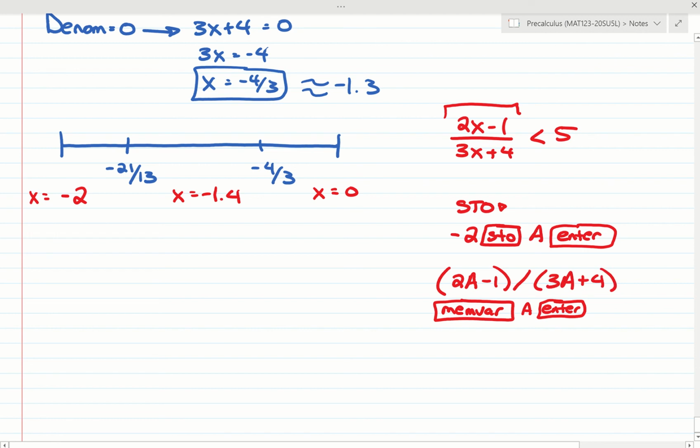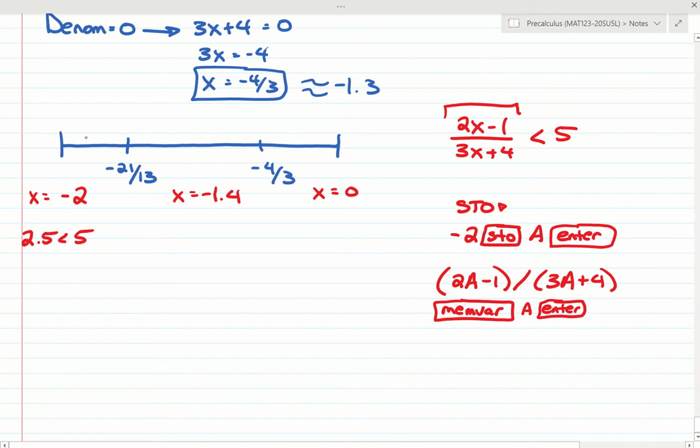It's a little bit easier because you don't have to worry about parentheses. And my calculator is saying 2.5.